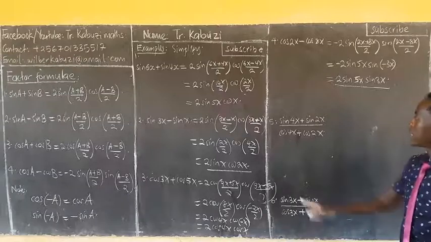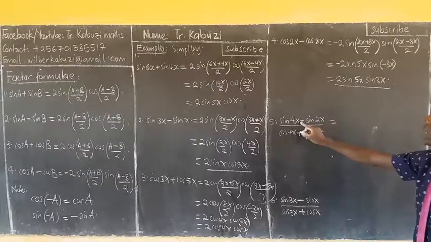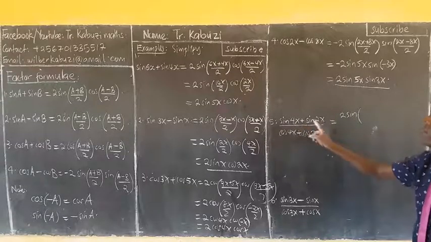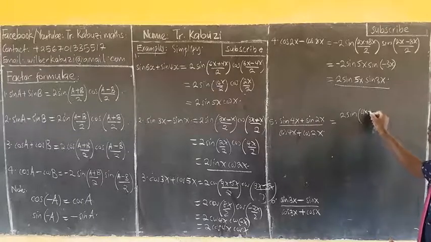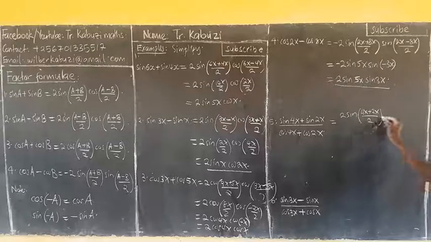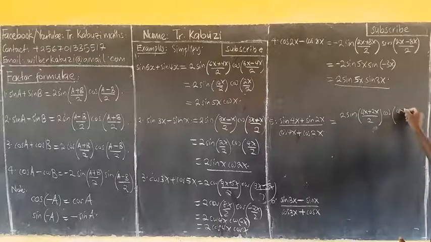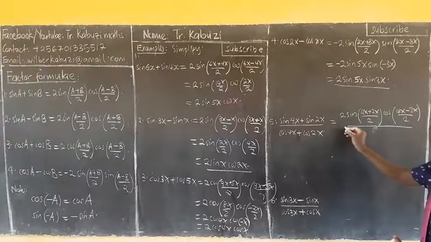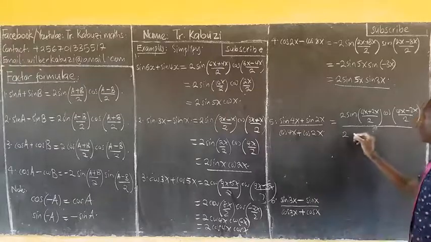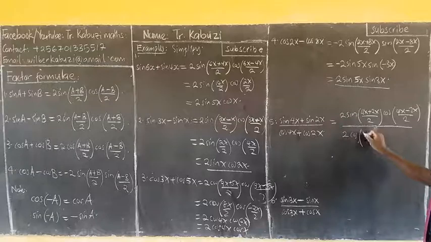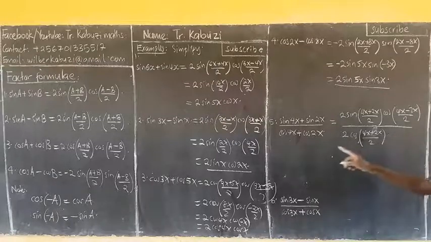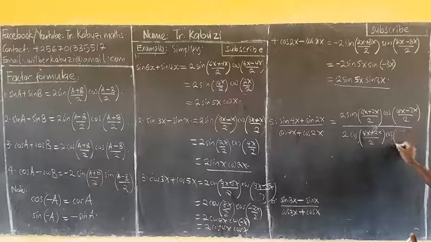On top I have 2 sine of (4x plus 2x) over 2, times cos of (4x minus 2x) over 2.